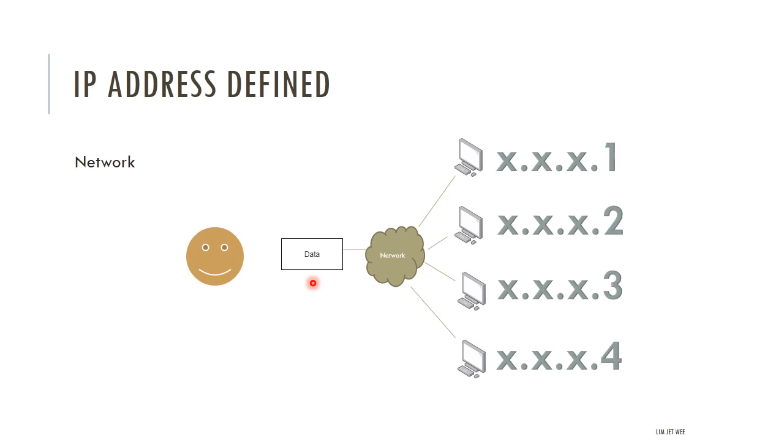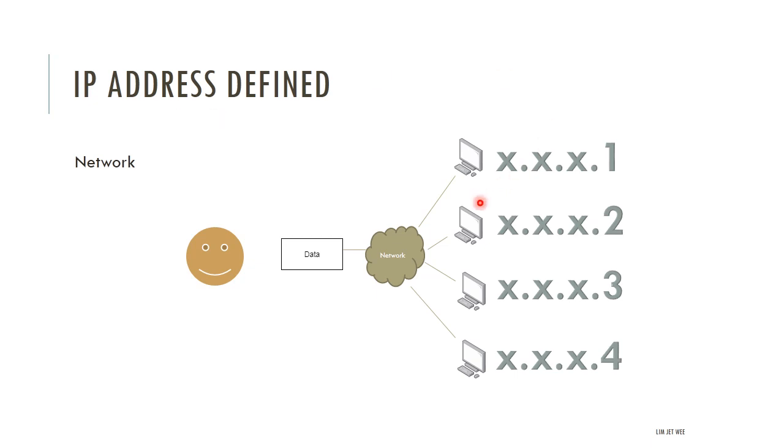So how do you tell the data where to go? Well, you need addresses. The only difference is that instead of a house number, street name, district, and country, you make use of an IP address.